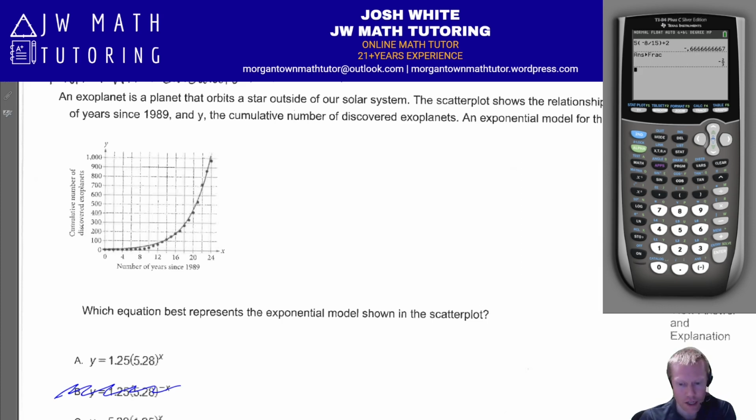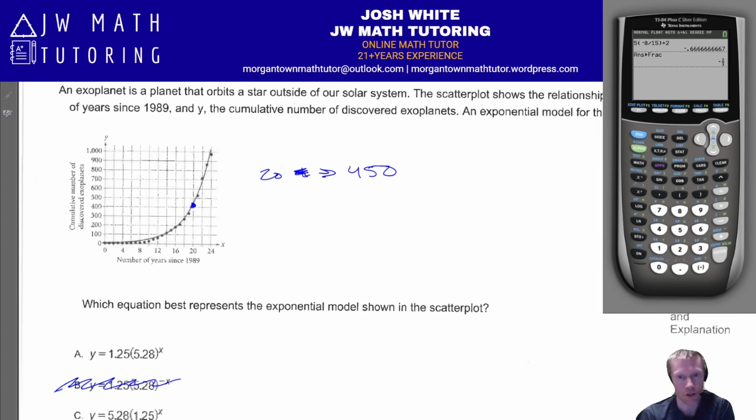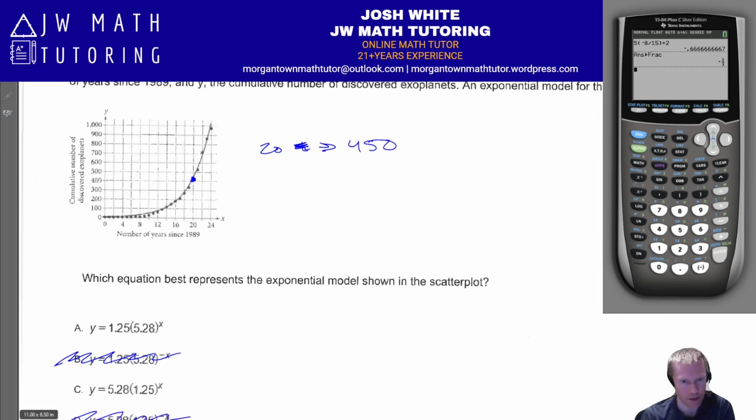It looks like 20 is maybe right on 400 or a little above, so maybe 20 is equivalent to about 450. All I have to do is plug 20 into my answer choices and see which output is closest to 400 or 420. Whichever is closest is the correct answer.